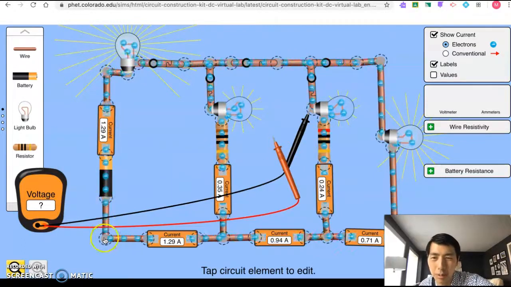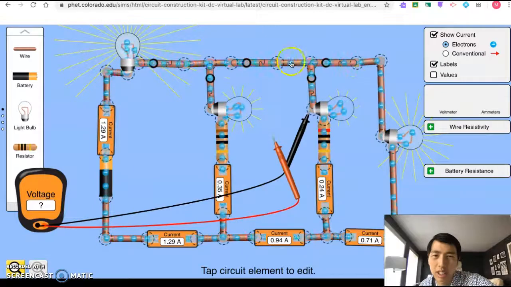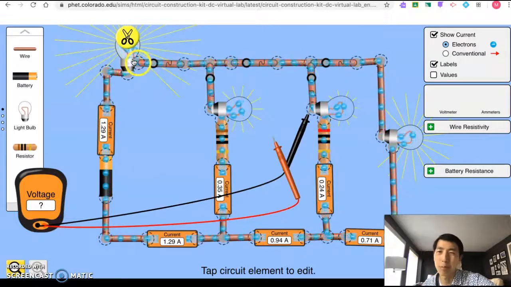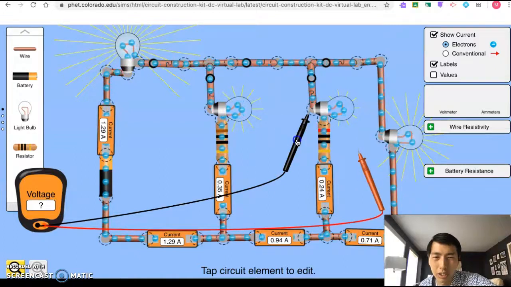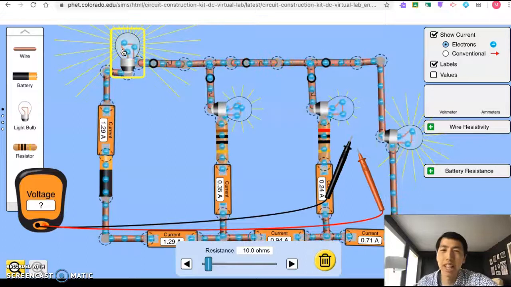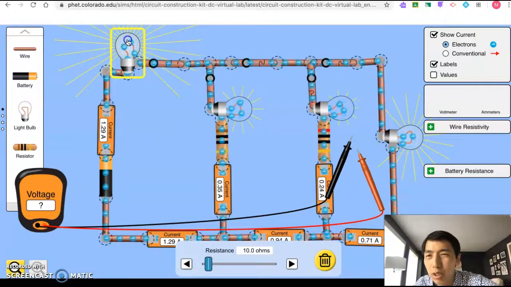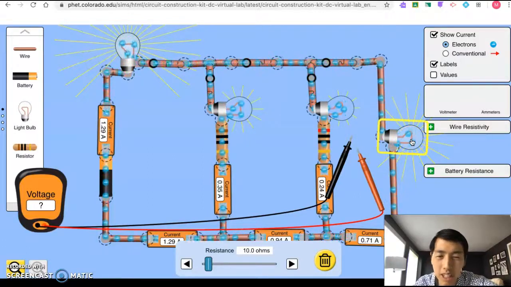And we can check the final loop. Okay, the final loop goes through one light bulb and the other light bulb. There's no resistor in the final loop. And so that means that these two light bulbs need to add up to negative 20 volts. So this one is negative 13-ish, we know that. So this light bulb by itself should be negative 7-ish to add up to negative 20.